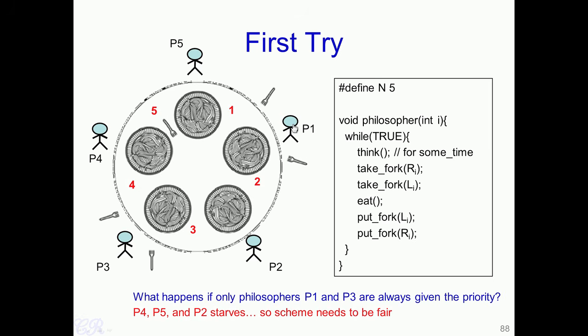Let us say the philosophers P1 and P3 have a higher priority, that is, whenever they request for the fork to be picked up, then the system will always ensure that they are given the forks.